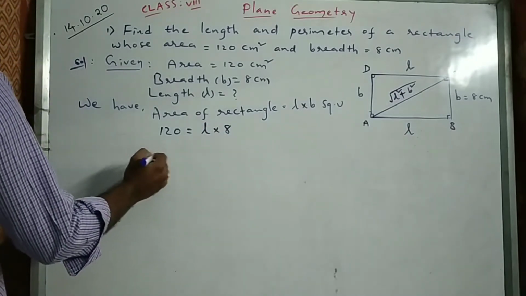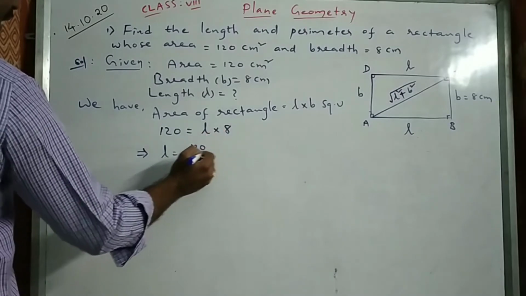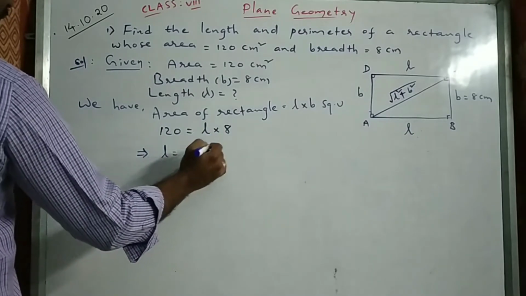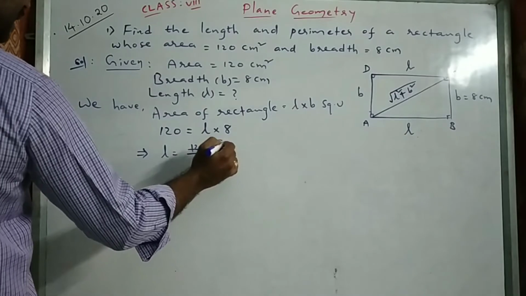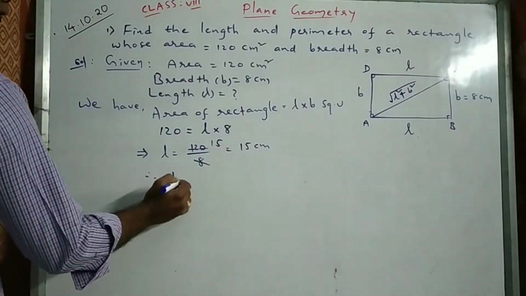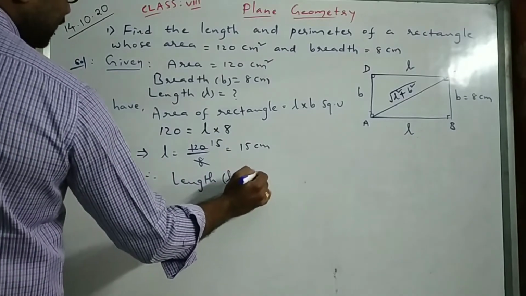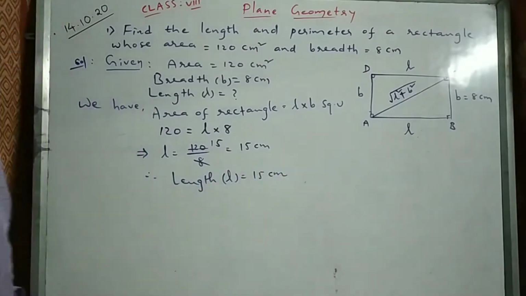So you can find easily length from here. 120, this multiplication 8, bring this side, divided by 8. 8 ones are 8, 8 fives are 40. So 15 cm. So therefore what is the length here? Length of rectangle L is equal to 15 cm.